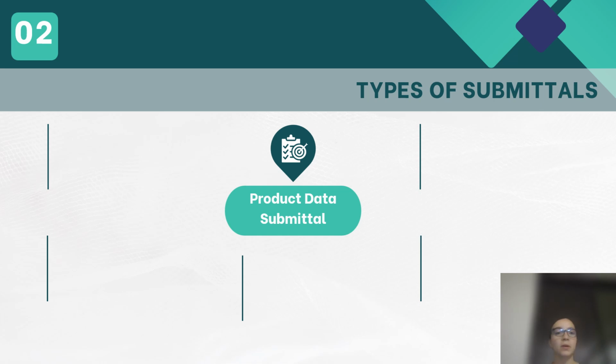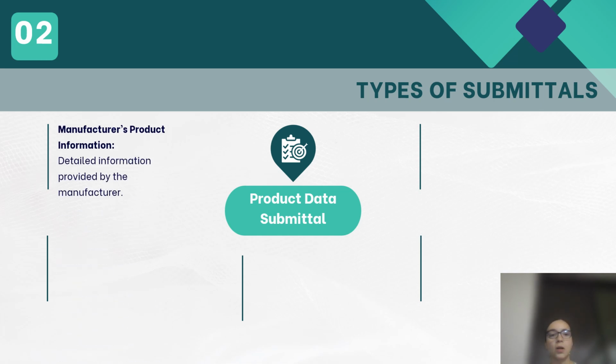So let's explore the key components of a product data submittal, which ensure the correct materials are used in construction projects. So manufacturer's product information. This provides essential details like the brand, the model, to confirm compliance with project requirements.